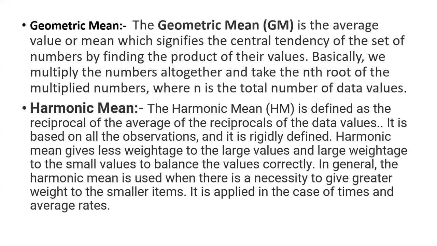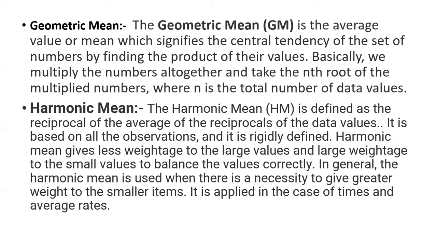Then we have two other mathematical averages, the geometric mean and the harmonic mean. The geometric mean is the average value which signifies the central tendency of the data by finding the product of their values. Basically, we multiply all the numbers together and take the nth root of the product, where n is the total number of data values.